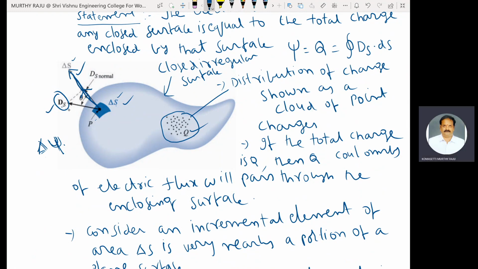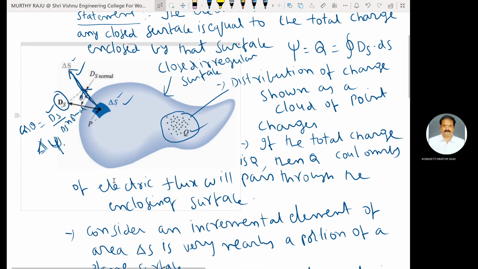Apply cos theta is equal to D_s normal by D_s. Therefore, D_s normal is D_s cos theta.